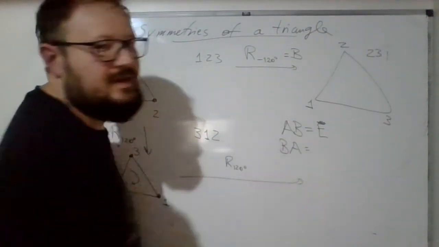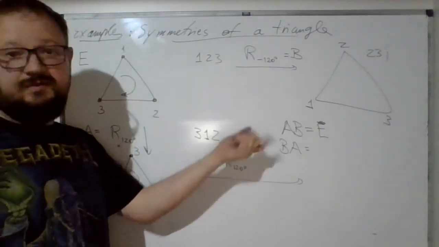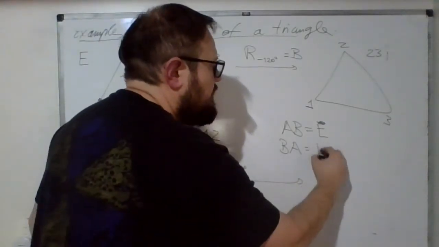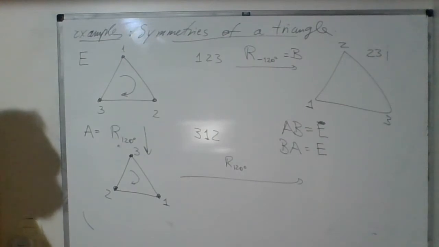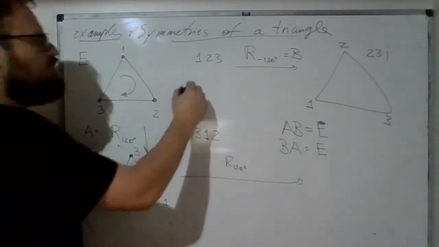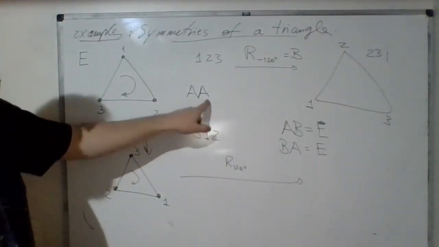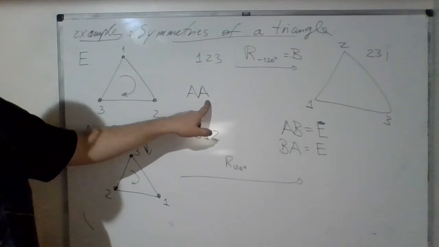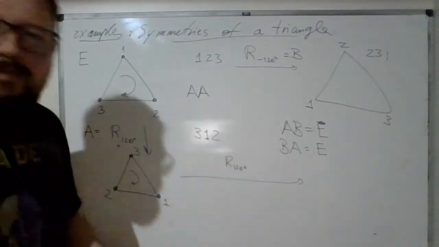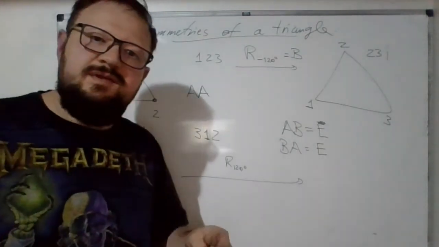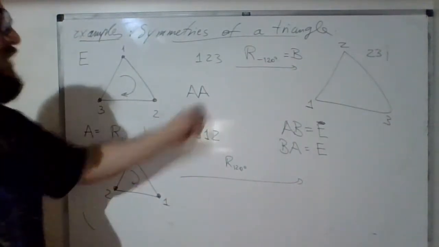So this is an abelian group for this operation. These rotations form an abelian group. So this is also the identity, all right? And the operation of a rotation A times the rotation A, I'll neglect the product symbol here, the product considered here is the operation of two successive rotations by 120 degrees.